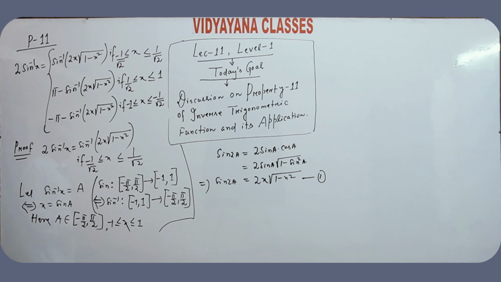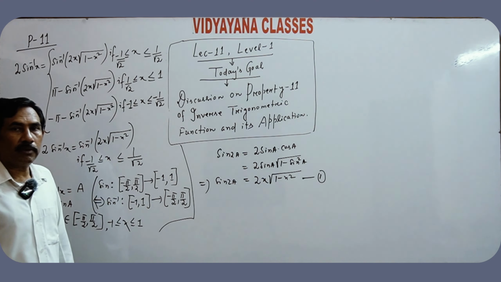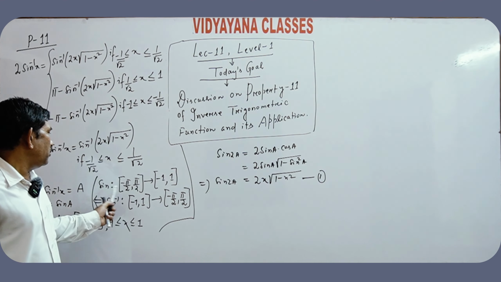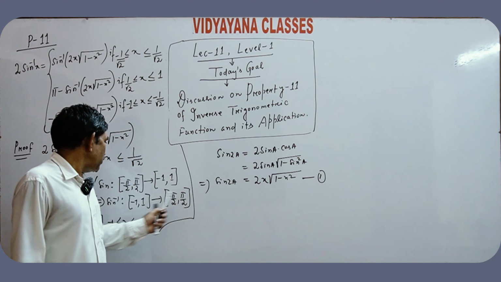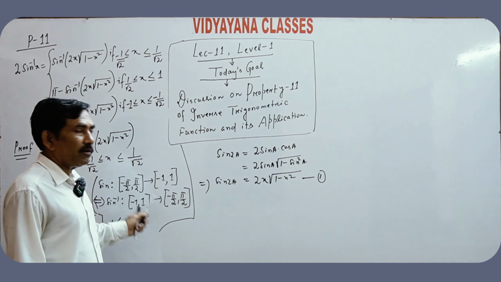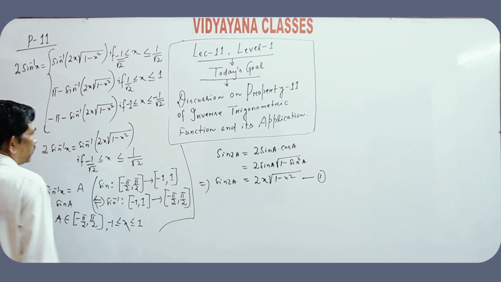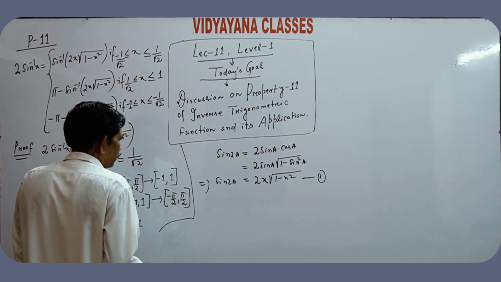It is true when 2a lies between minus pi by 2 and plus pi by 2. Sin function is invertible when 2a belongs to this set. Does 2a belong to this set or not? If it is in this set, then the function is invertible. Otherwise, false.